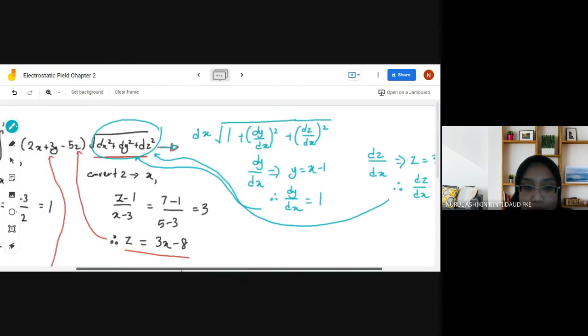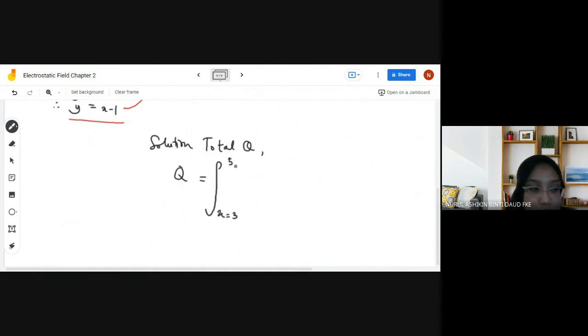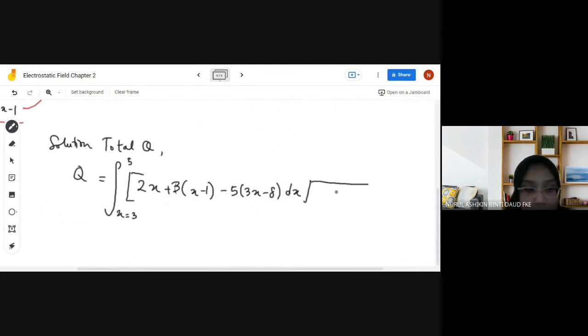To find the total Q for the question, Q equals the integral of x from 3 to 5 of 2x plus 3 times (x minus 1), minus 5 times (3x minus 8), dx, times the square root of 1 plus 1 squared plus 3 squared.